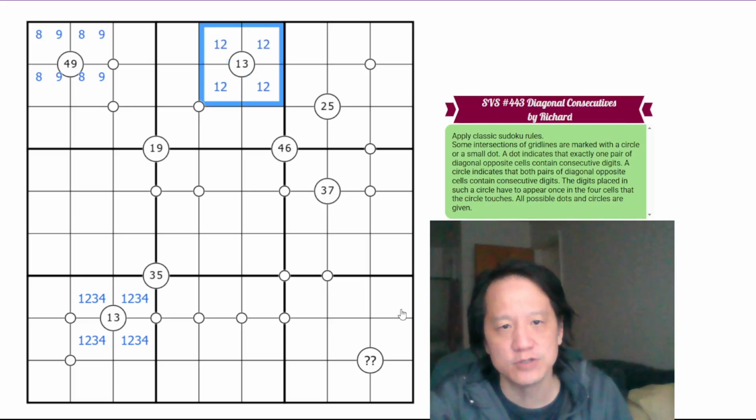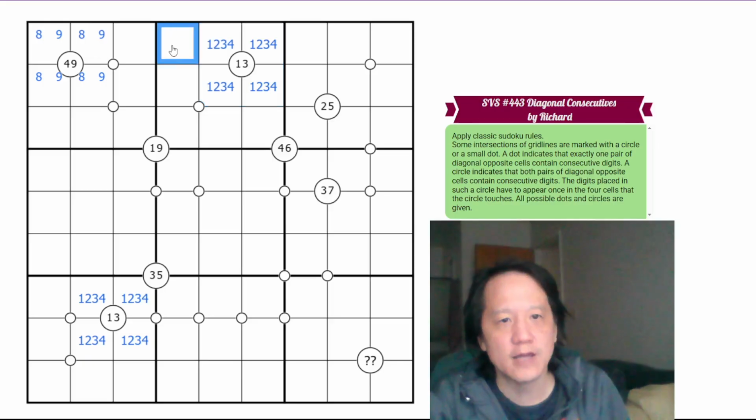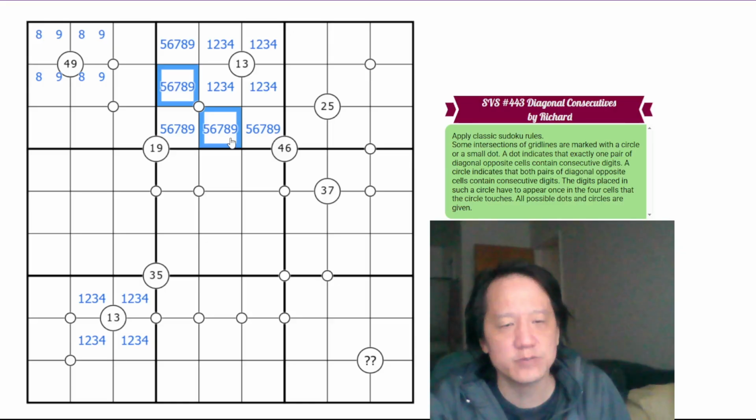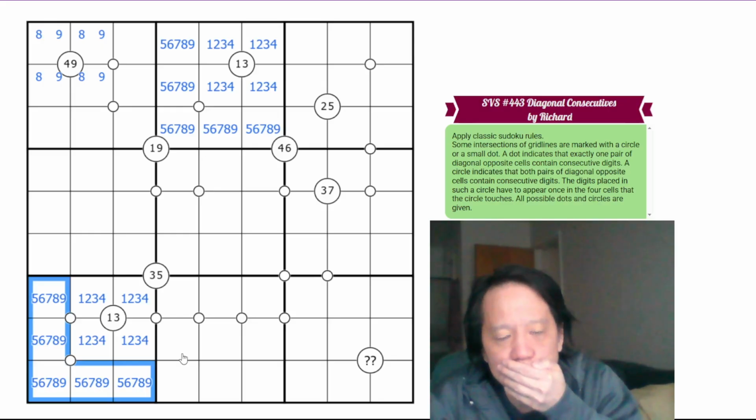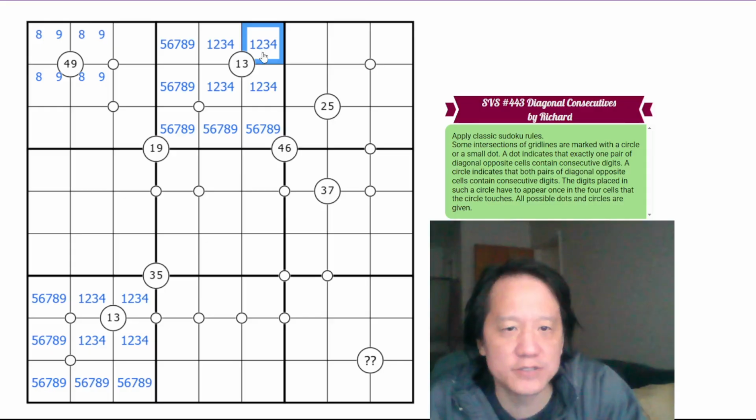Same with this. This is 1, 2, 3, 4. Guaranteed. That means the rest of the digits in this box have to be 5 through 9. And what digits? Well, I guess these could be consecutive. So these are also 5 through 9. Okay, so that tells us a lot there.